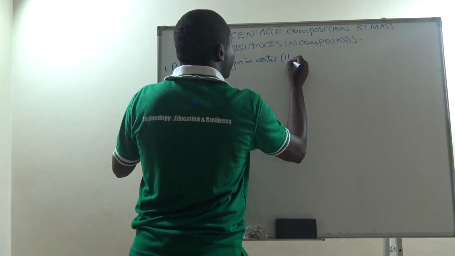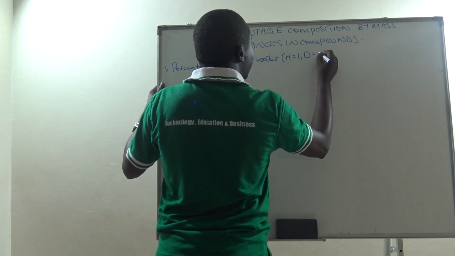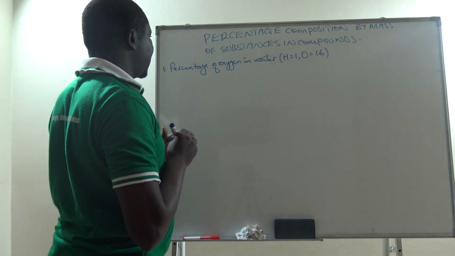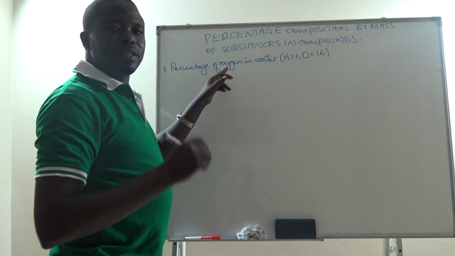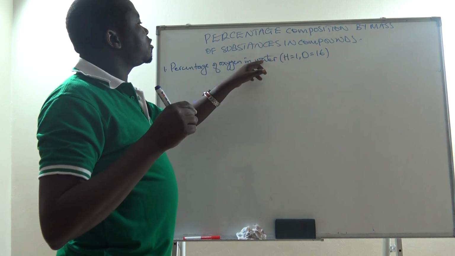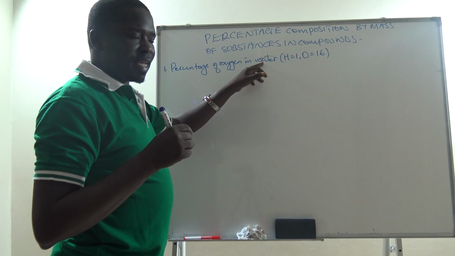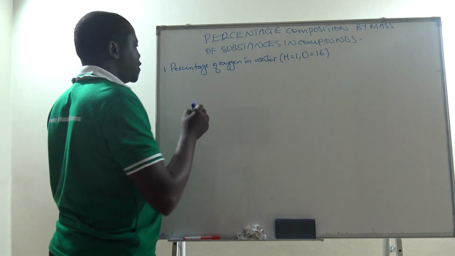Given that hydrogen has a relative atomic mass of 1, oxygen has a relative atomic mass of 16. Now let us say this. In order for us to get the percentage of oxygen, we should get to know the mass of oxygen in this compound, and we should also be able to know the formula mass of water in this case.